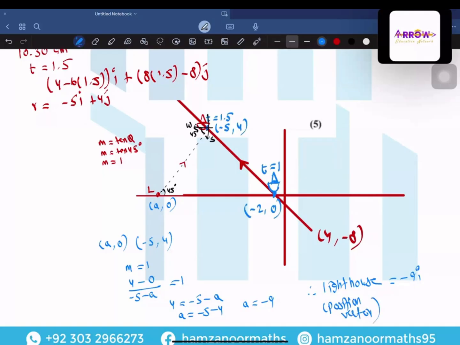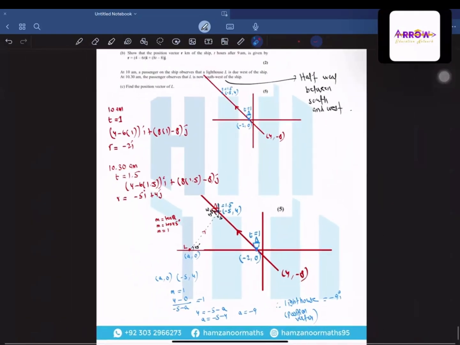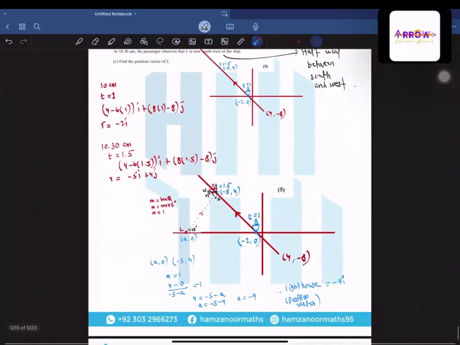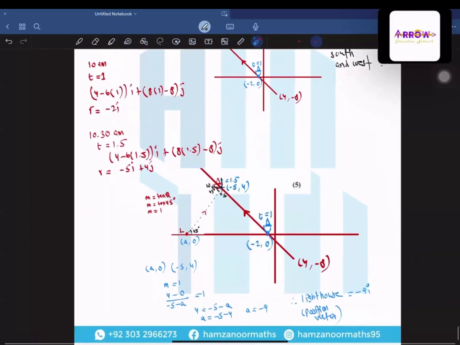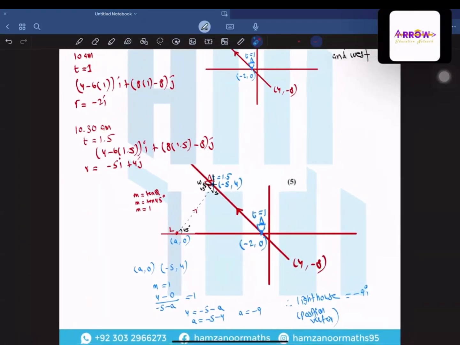When t equals 1, we already established that the lighthouse L is on the horizontal axis, so the j component of the lighthouse L is 0. Each and every piece of information over here is very helpful. So this was the complete solution for this part C, and I hope I have given a detailed enough explanation. This is the whole idea behind this.